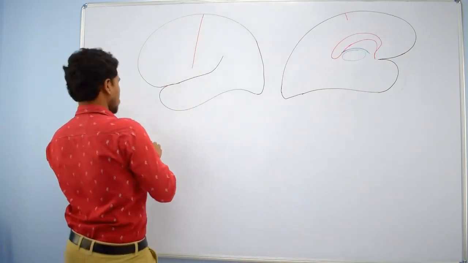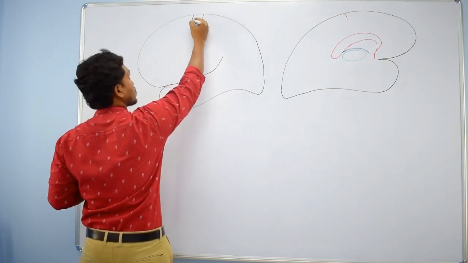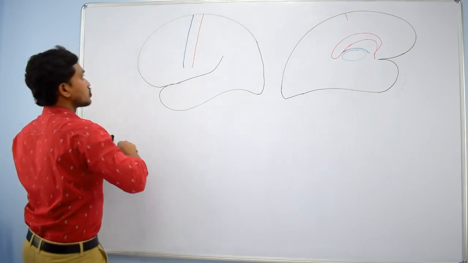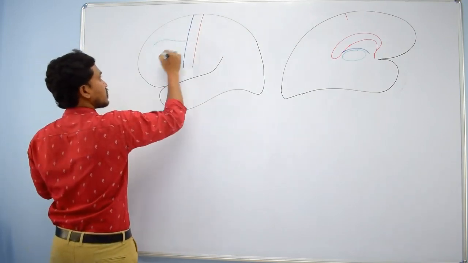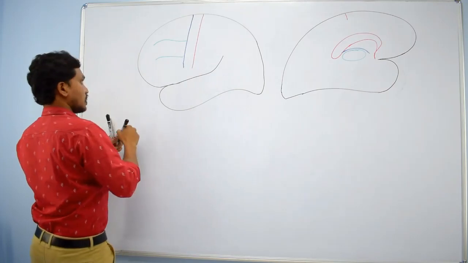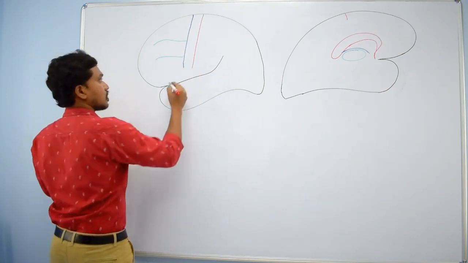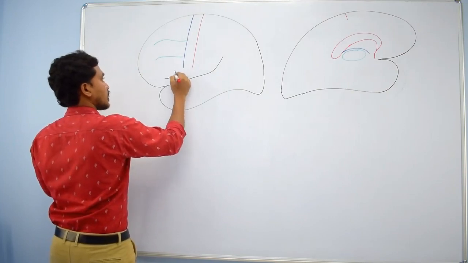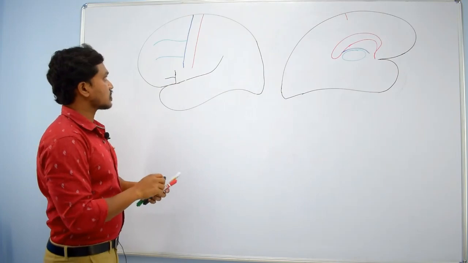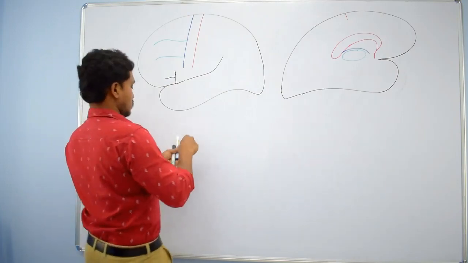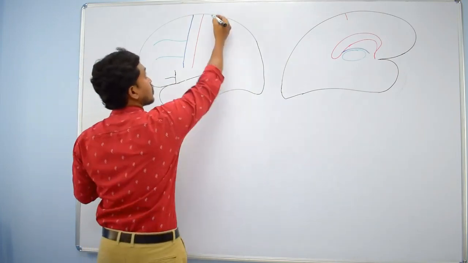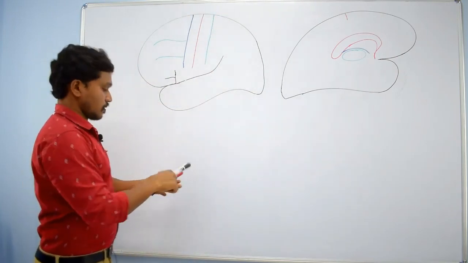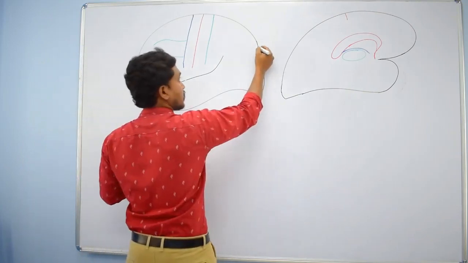Then anterior to the central sulcus, the precentral sulcus, then superior and inferior frontal sulcus, here anterior ascending and anterior horizontal ramus of lateral sulcus, then here the postcentral sulcus, here the parieto-occipital sulcus.